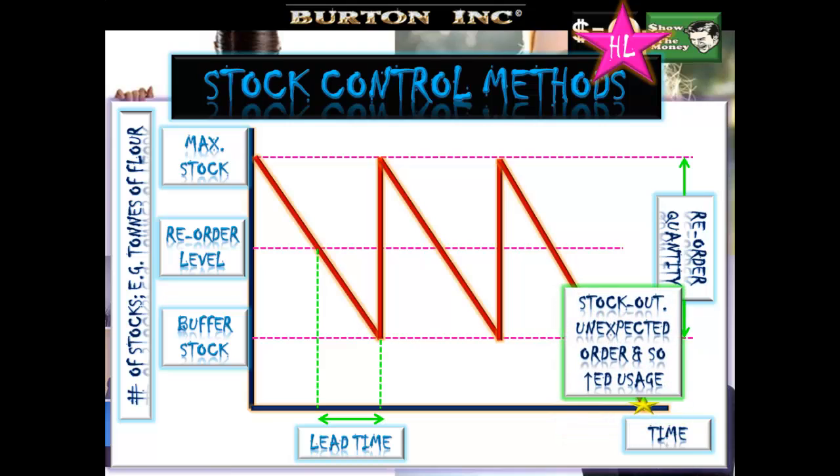And if we get into the buffer stock territory, if we chew through our buffer stocks without a reorder being fulfilled, perhaps our suppliers let us down, then we have something called a stock out. So that's terminology you'd want to be using, stock out. An unexpected order perhaps leads to an unanticipated use of the stock and running out of our stock.